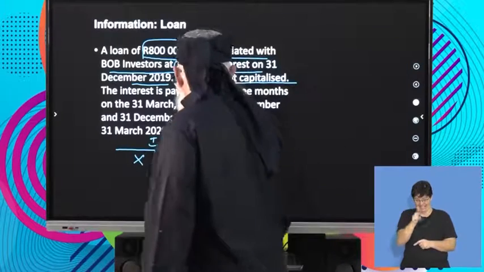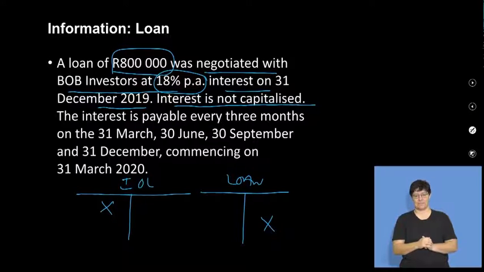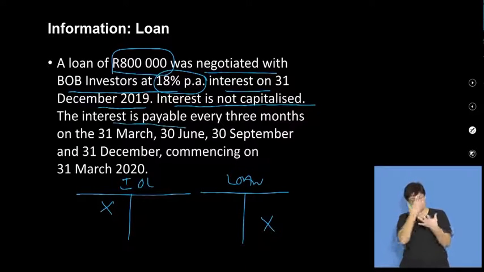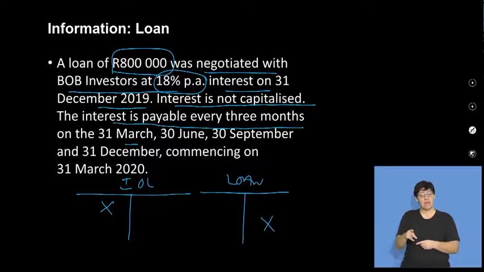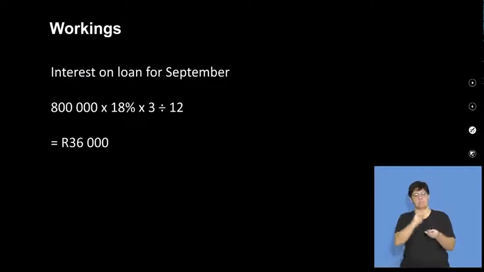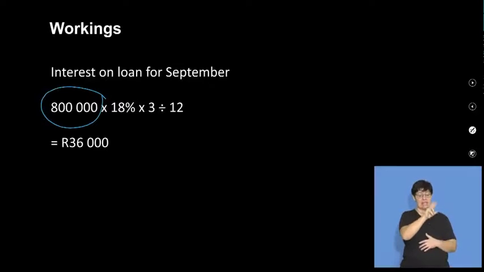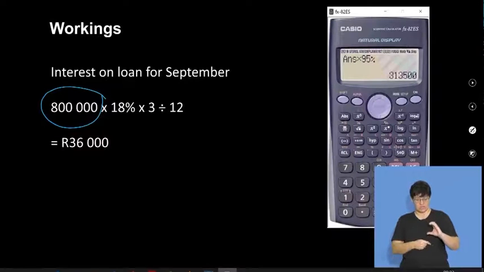Okay, all right, in terms of the question, we are told that the interest is payable every 3 months on the 31st of March, June, September, and the 31st of December, commencing on the 31st of March 2020. Okay, so here we go. Interest on loan, start with 800,000, which is the capital portion of my loan. Therefore, this is what I do. Start off with the 800,000. 800,000 is the amount of my loan.